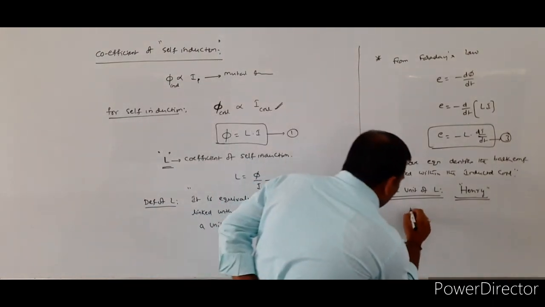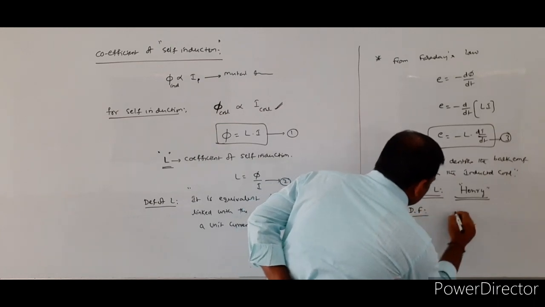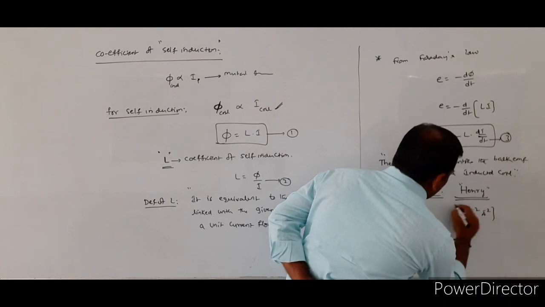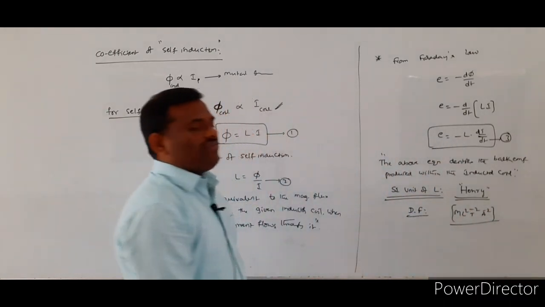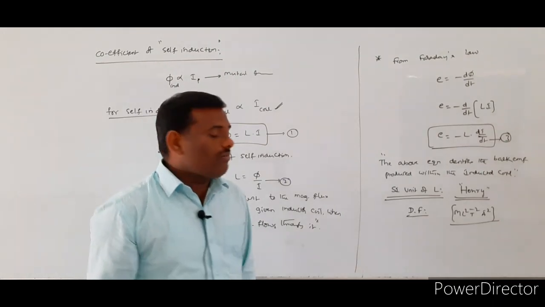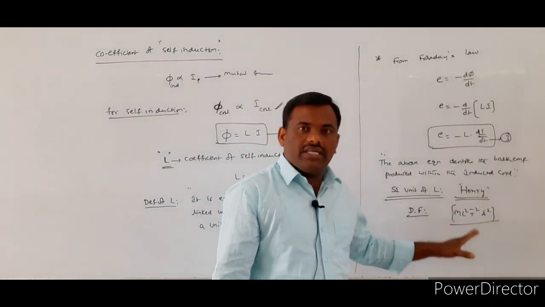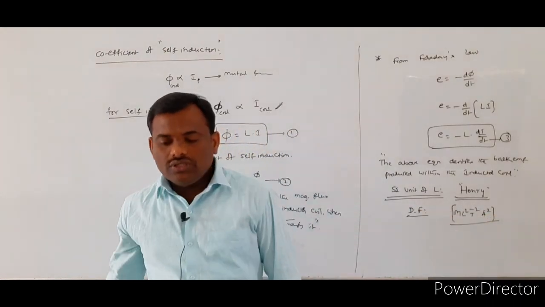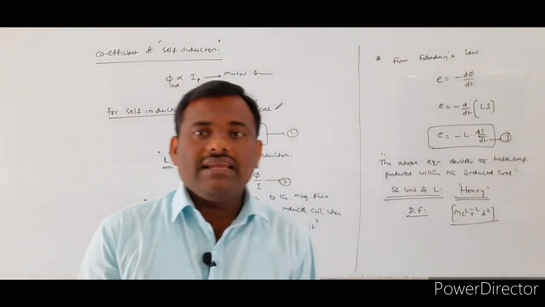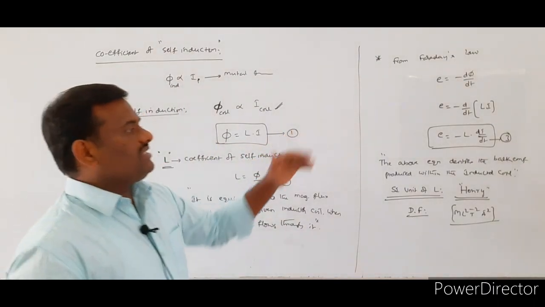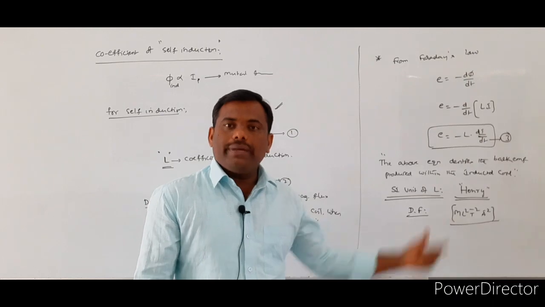The dimensional formula is M L square T power minus 2 A power minus 2. So this is about self-induction, the coefficient of self-induction and the expression for the back EMF.